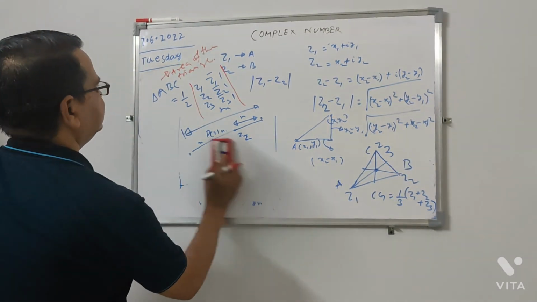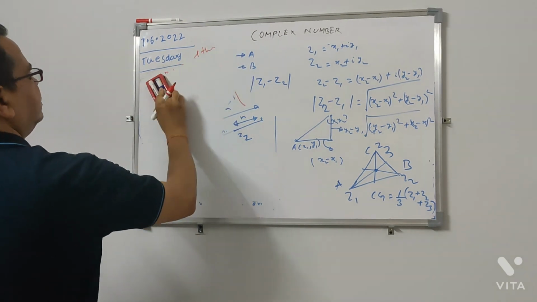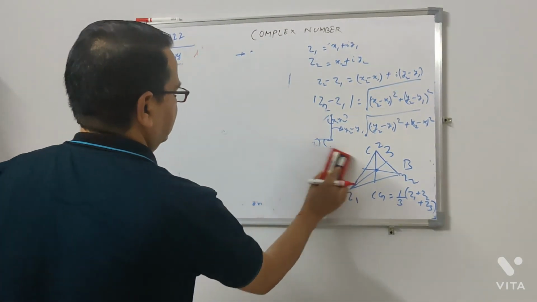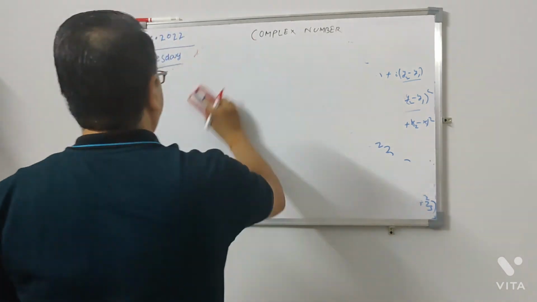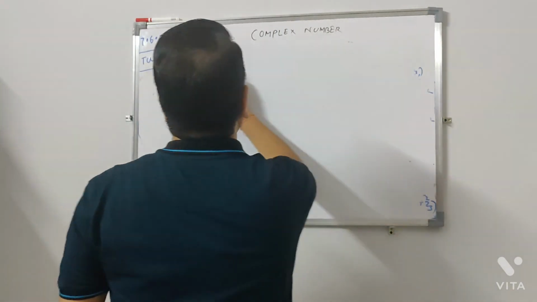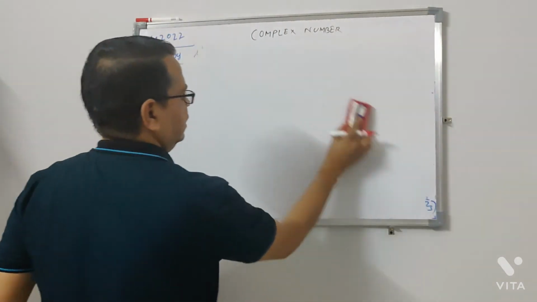Okay, so these are all applications of complex numbers in geometry.